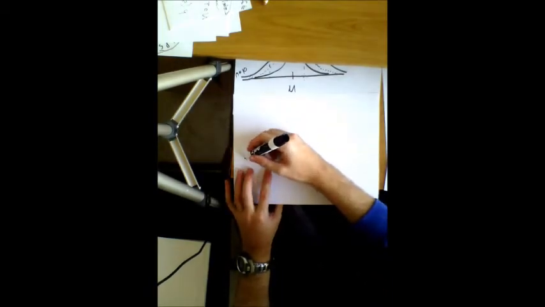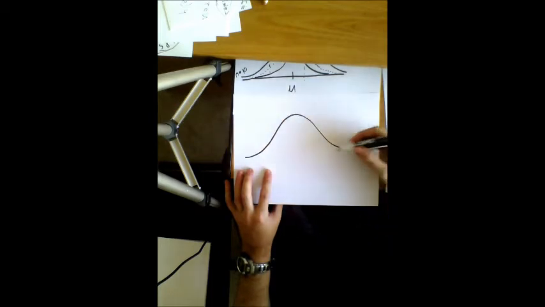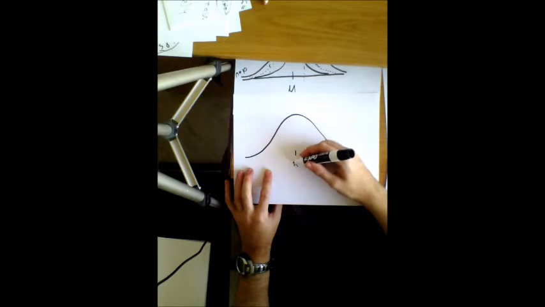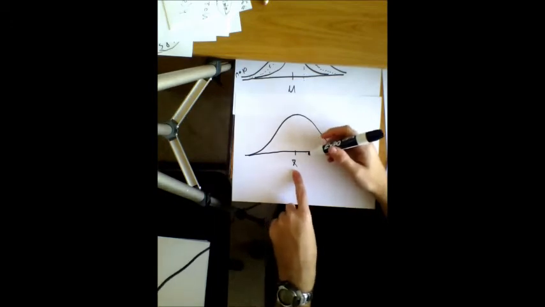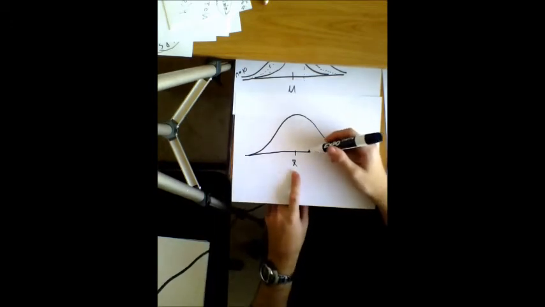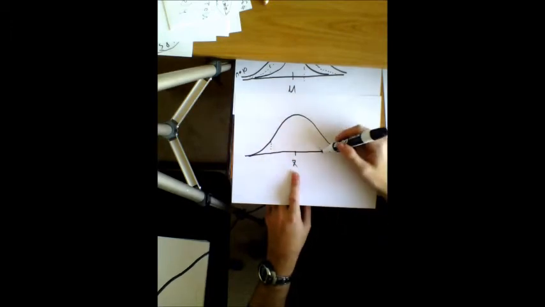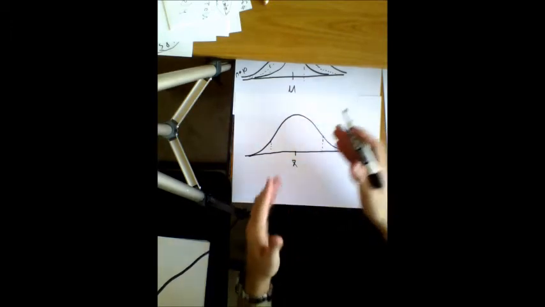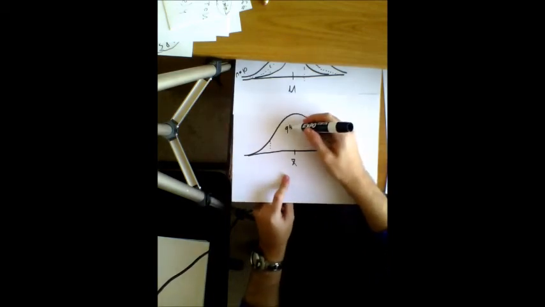So here's what we'll do. We'll take x bar and we'll look at this thing. We can use the normal distribution to find an interval. So we can find a point over here and a point over here so that these points are symmetric and contain, let's say, 95% of the data.